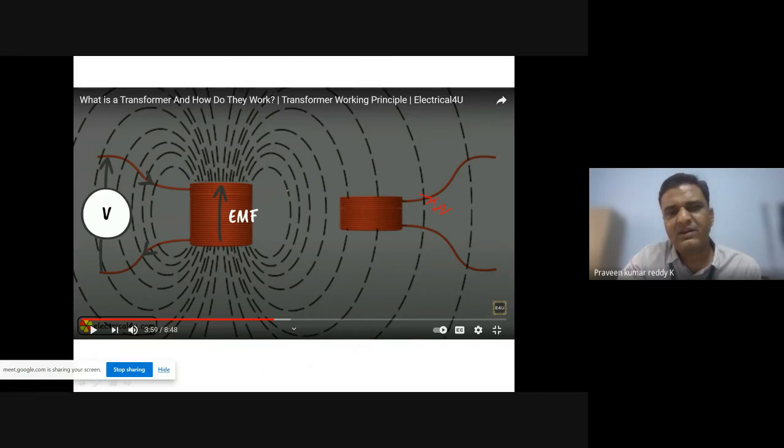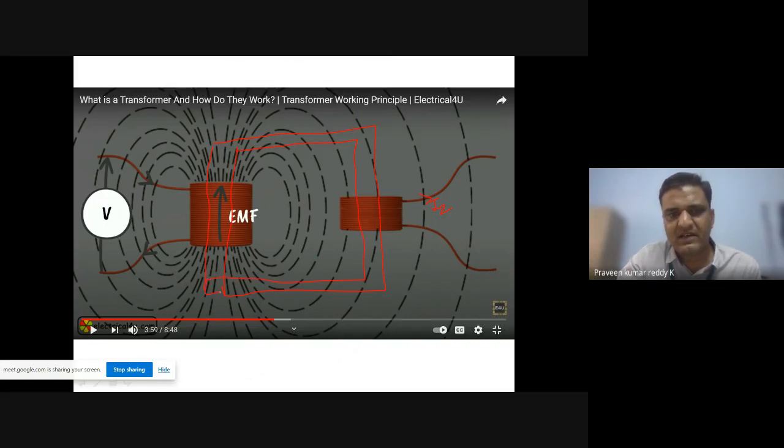That is why we cannot place these two windings in the air. When I want to make this flux flow in a structured manner, I should have a metal piece placed between these two windings like this.